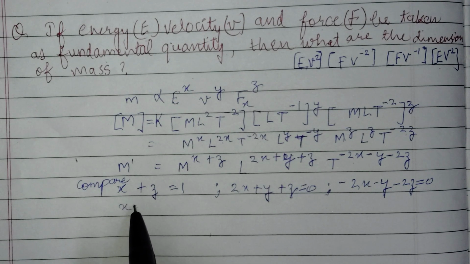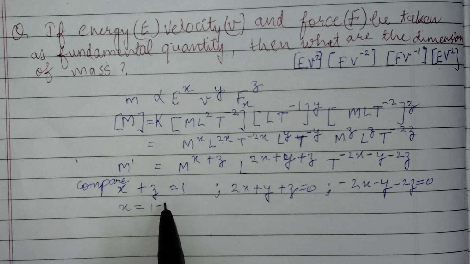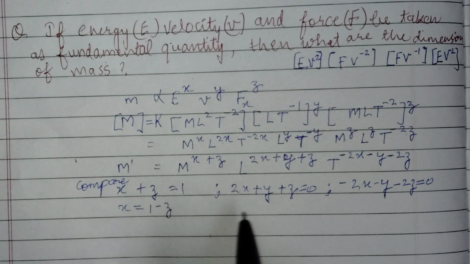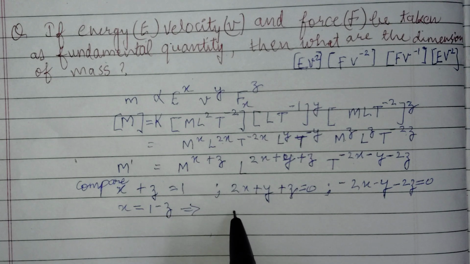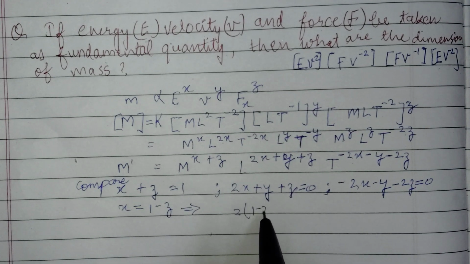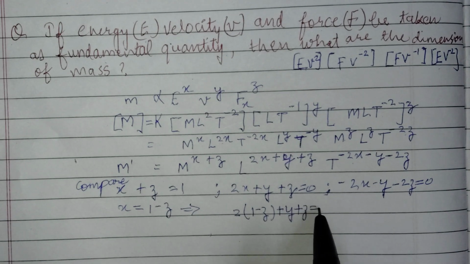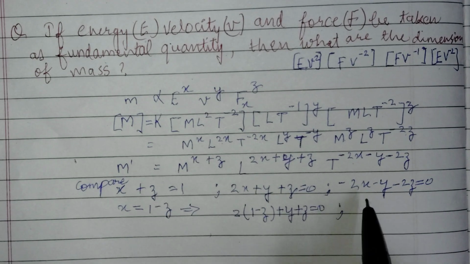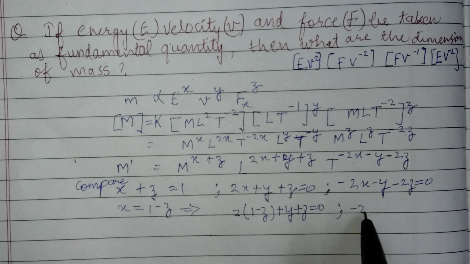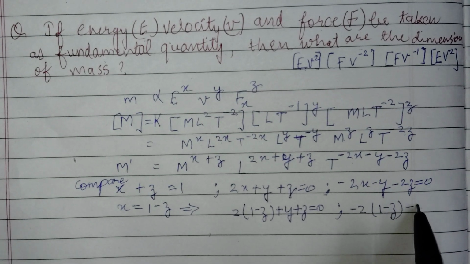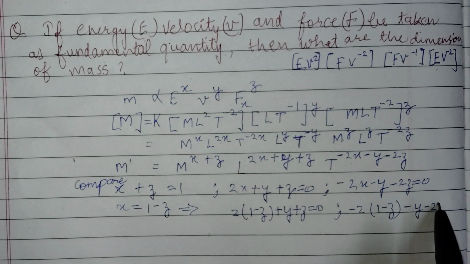We find the value of x equal to 1 minus z from the first equation, and plug this x value into the remaining two equations. So plugging in, 2 times (1 minus z) plus y plus z equal to 0, and in the third equation we also plug in x, that is 1 minus z, so minus y minus 2z written as it is.